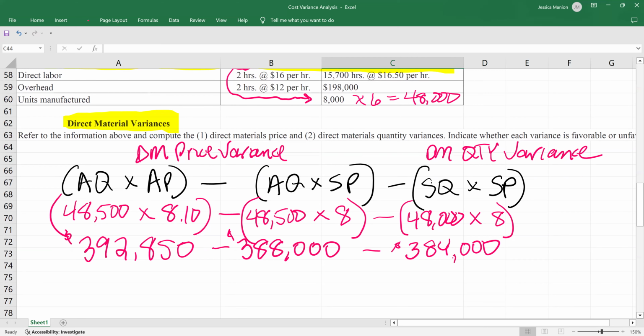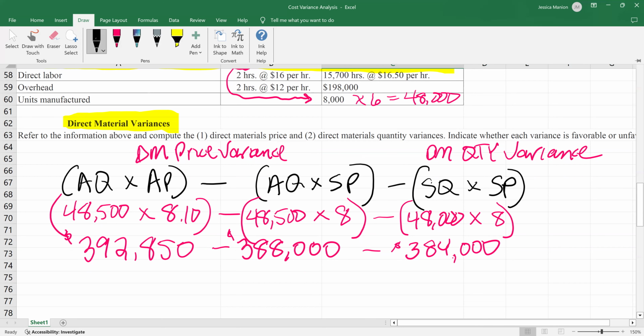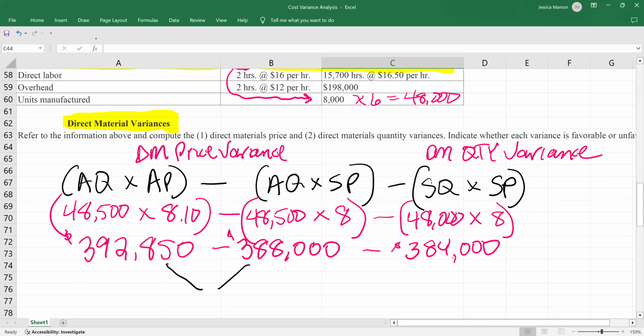So now to get this price variance, we're looking at the combination of these two items. And so the difference here, if we take 392,850 minus 388,000, the difference here is 4,850.